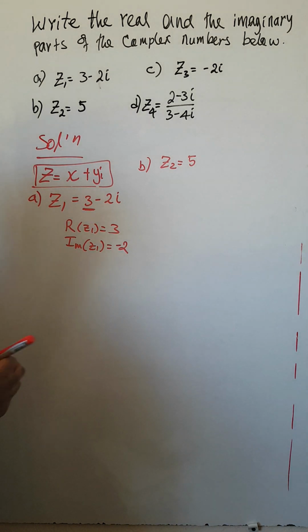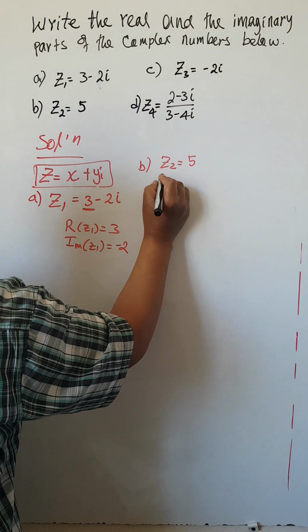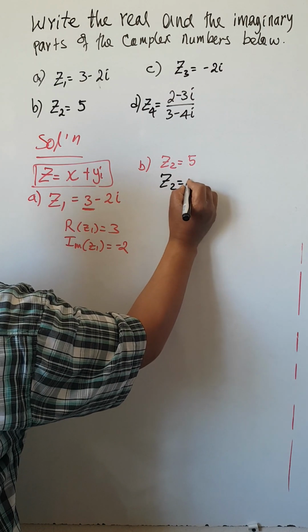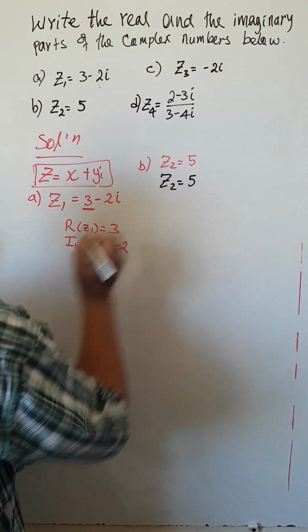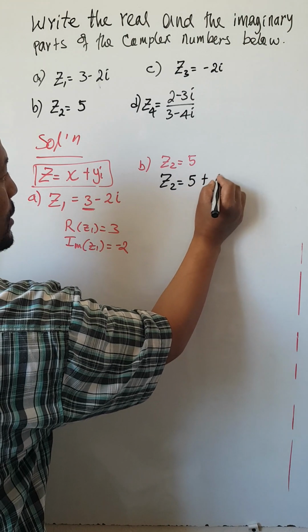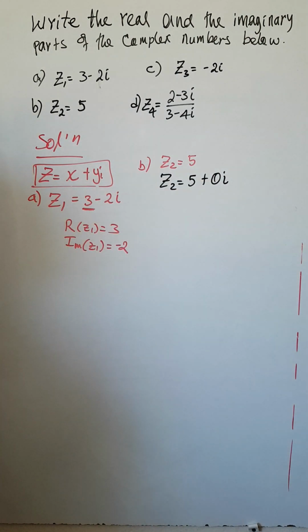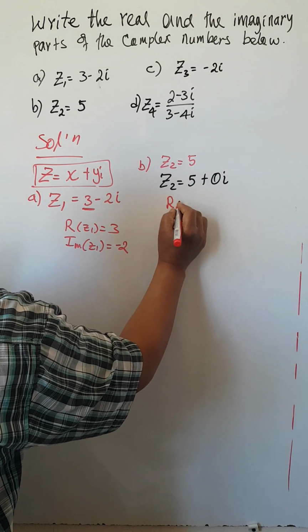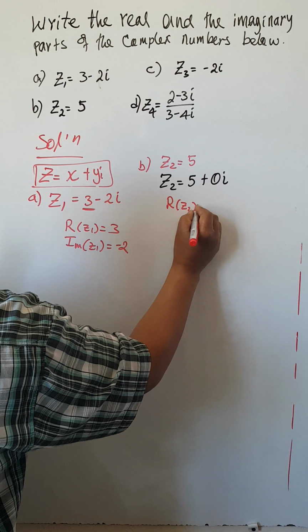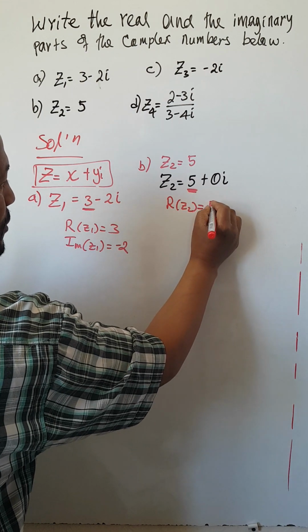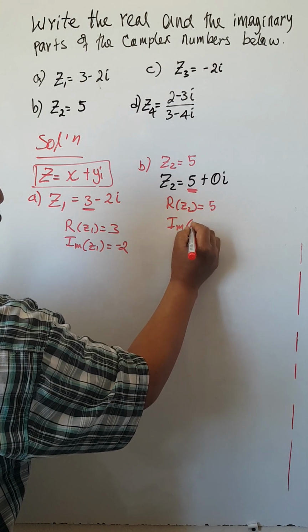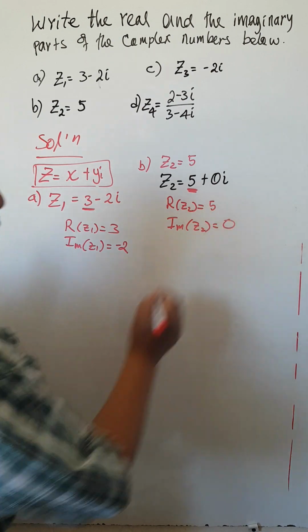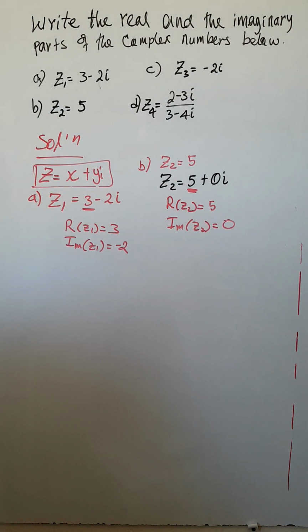So z2 means the real part plus 0 times i. Now the real part of z2 is as usual 5, and the imaginary part of z2 is 0, because it's not written. It's 0.